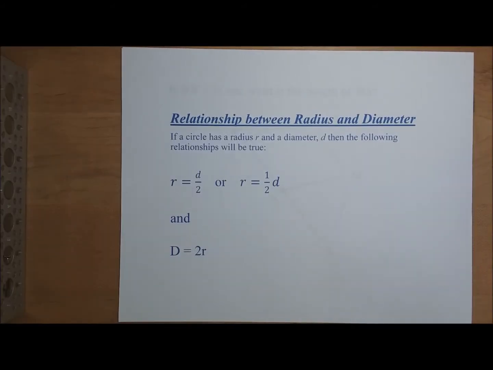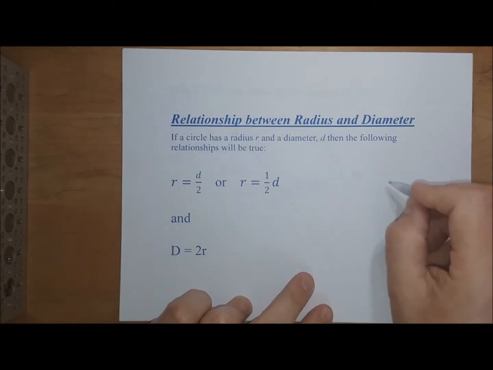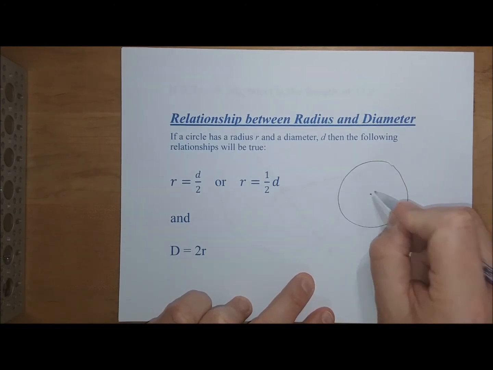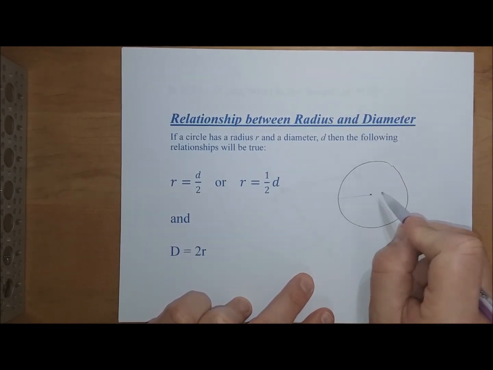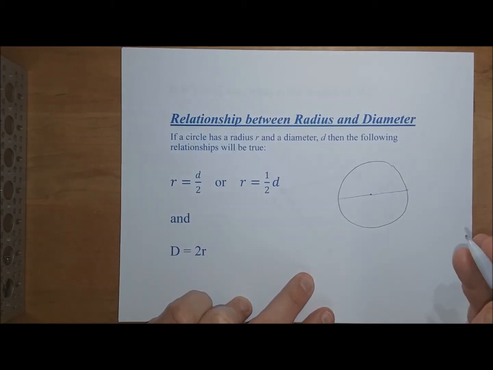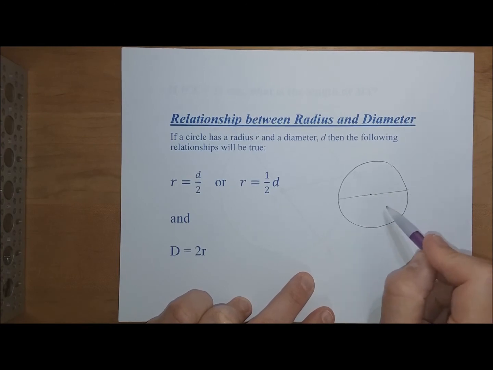Okay, important concept, the relationship between radius and diameter. The radius in any given circle is going to be half the measure of the diameter, or you can say the diameter is going to be twice the measure of the radius. This makes sense because if a diameter is that chord that passes through the center, then it has to consist of, like we mentioned earlier, two collinear radii.